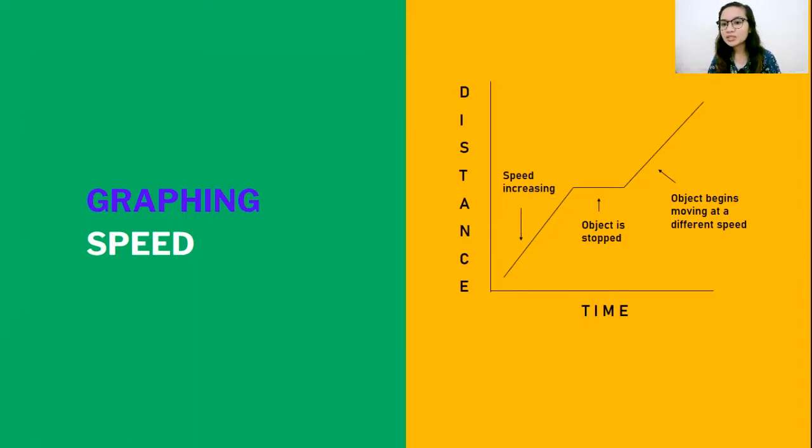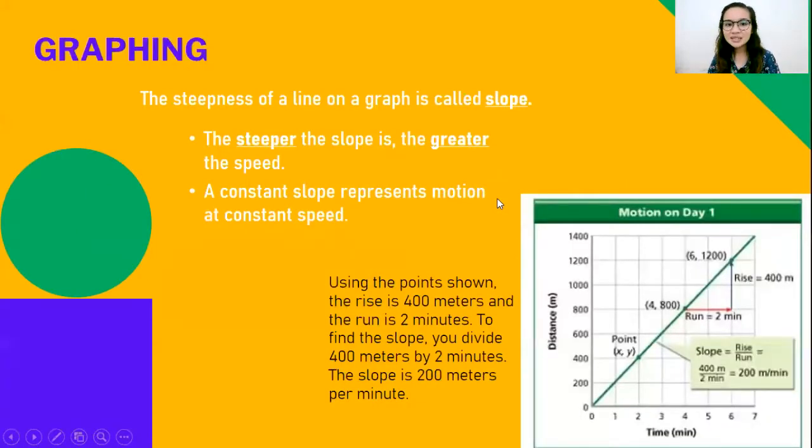And then when it starts to move again, you have a different speed. Yes, the steepness of a line is called the slope. In your previous math, your slope could be determined by the rise over run. So the steeper the slope is, the greater the speed. A constant slope represents motion at constant speed.